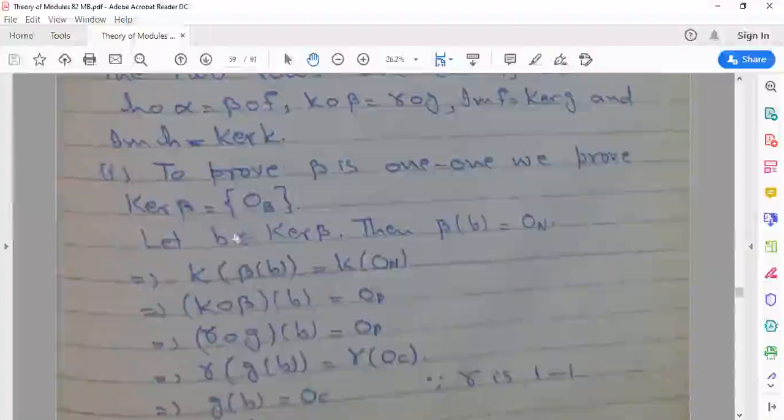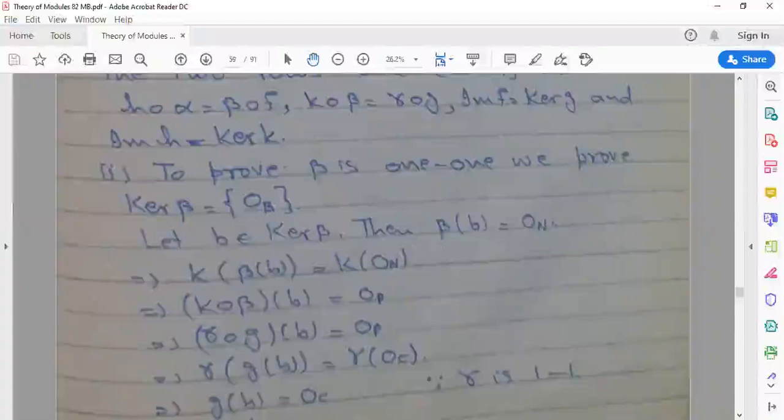So from here we take b belonging to the kernel of beta. Then those elements belonging to the kernel, when assigned to the function beta, the result will be the identity in the codomain, in the range, sorry.